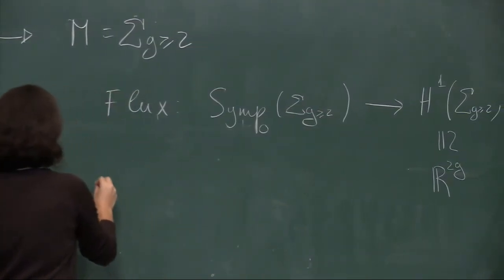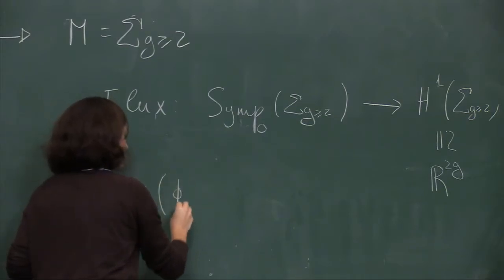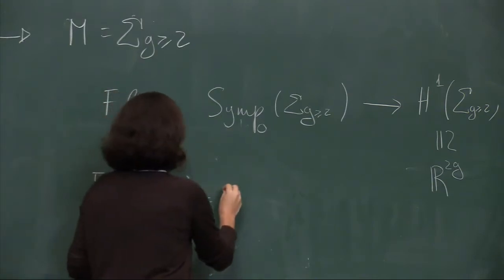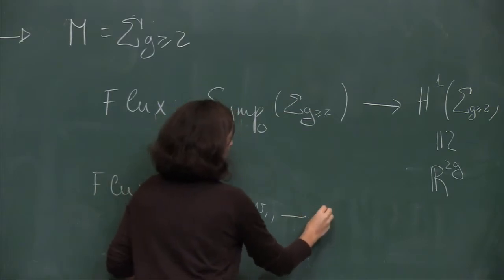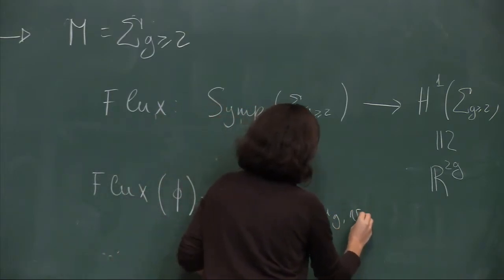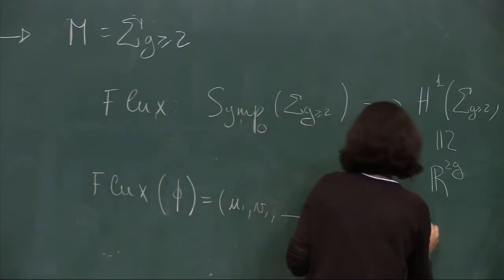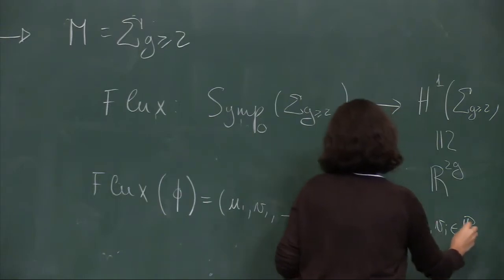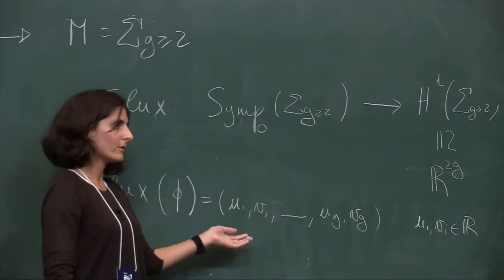So it actually makes sense to say the flux of phi is equal to some 2G-tuple, and let me write it this way: (u_1, v_1, ..., u_G, v_G). These are just real numbers for now. You'll see why I call them u's and v's in a moment.